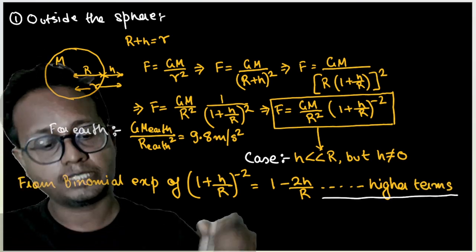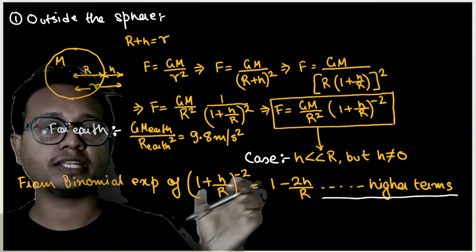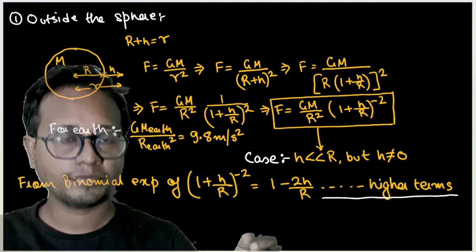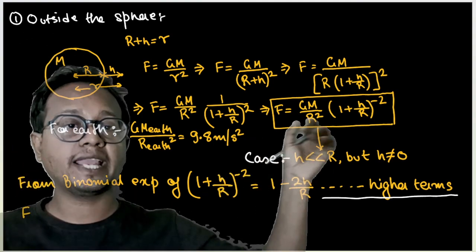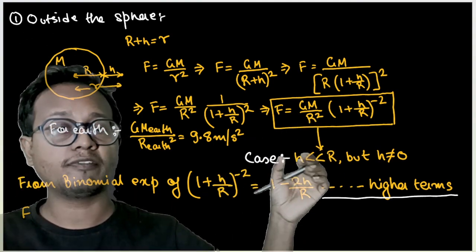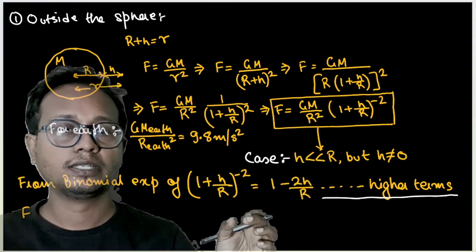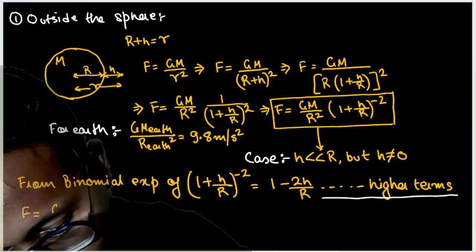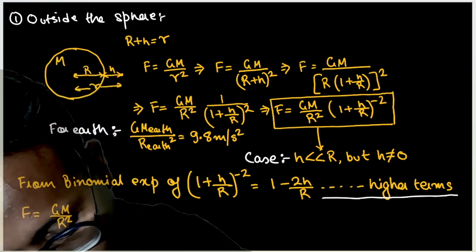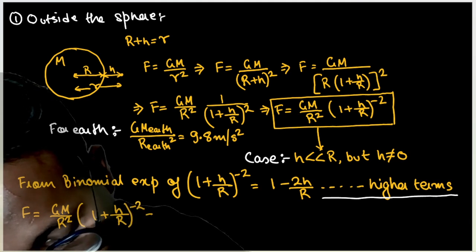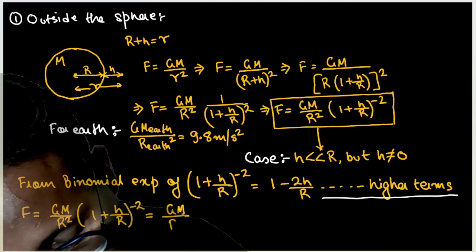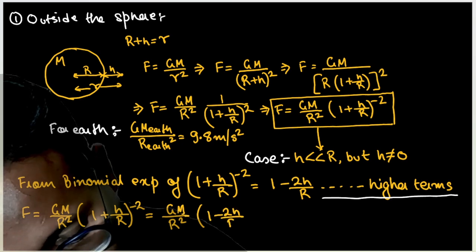So this term 1 plus h by R to the power minus 2 becomes 1 minus 2h by R. Therefore, when the value of h is very small compared to the radius of Earth, the formula GM by R square into 1 plus h by R to the power minus 2 becomes GM by R square into 1 minus 2h by R.